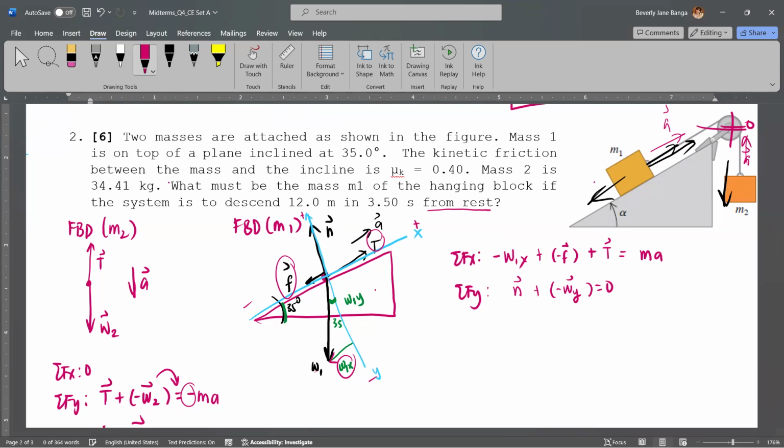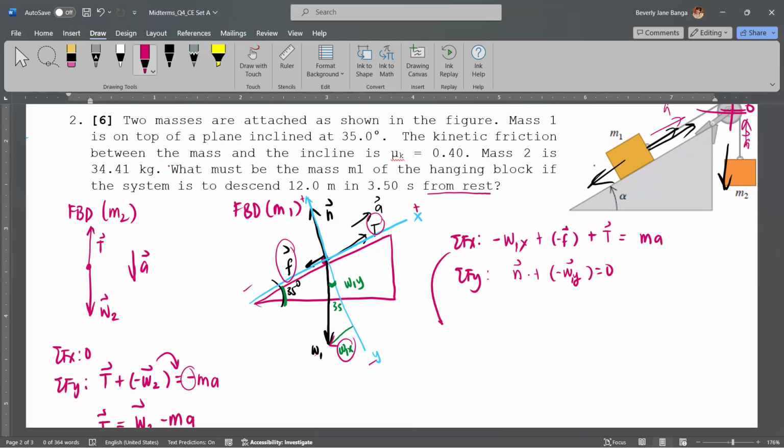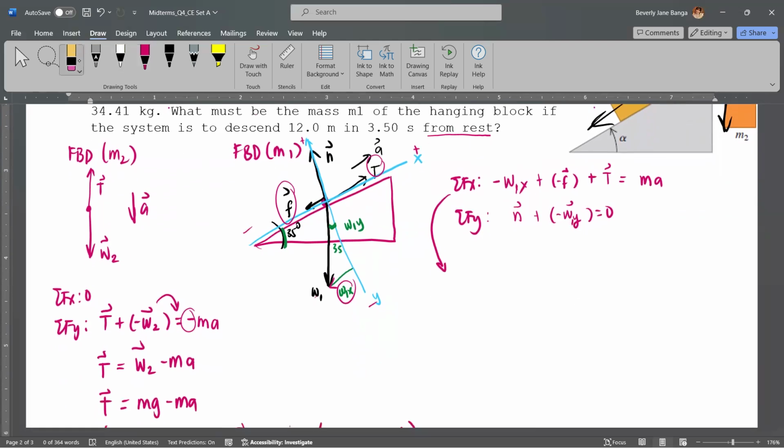Okay? Kasi ang nasa force lang na nasa y ay si normal tsaka si W1Y. Okay? So for now, I don't see the use. Well, gagamitin natin siya mamaya. Pero for now, hindi pa natin kailangan tong y. So punta muna tayo kay x. Okay, I'll just leave enough space for y. But anyway, sige, gawin na lang natin. Kasi kailangan naman natin siya.